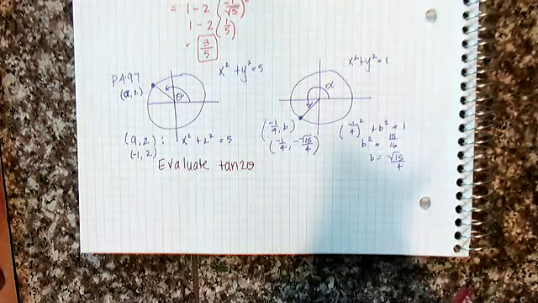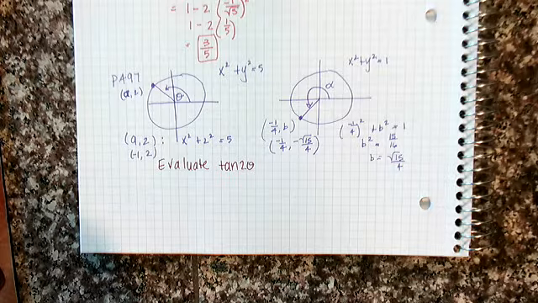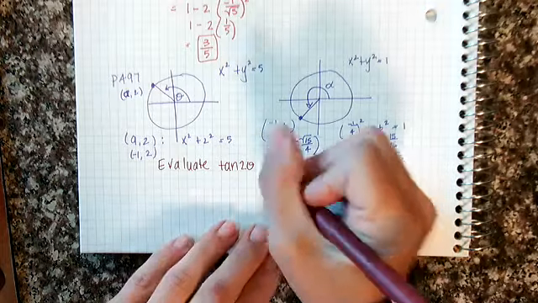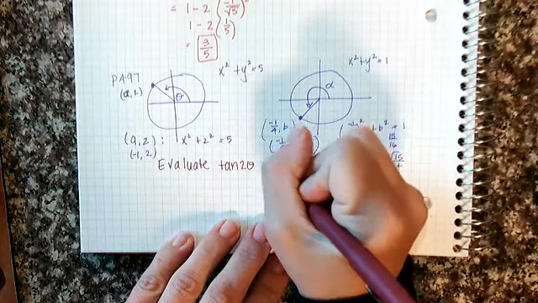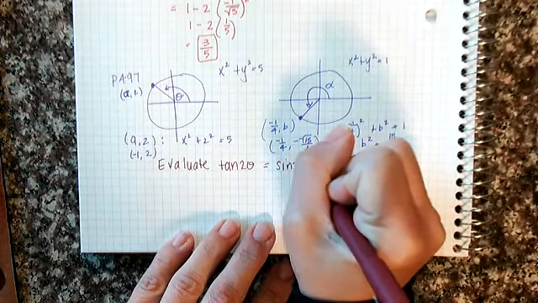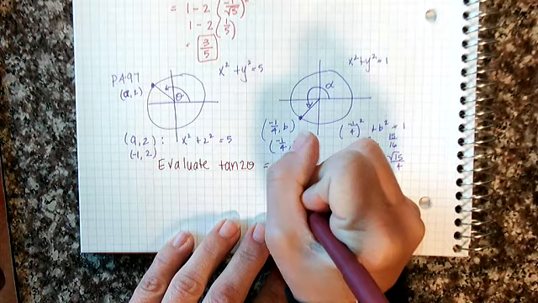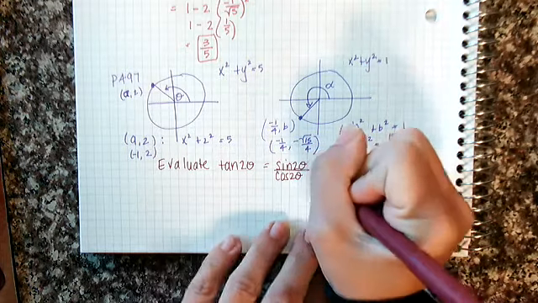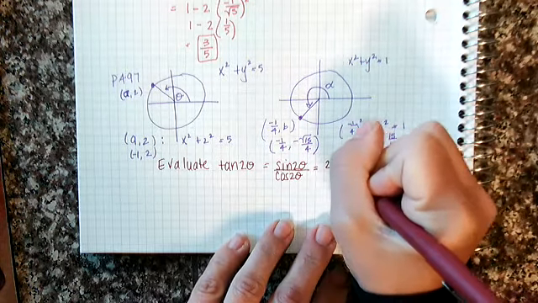Okay, well, when you evaluate the tangent of 2 theta, you'll notice that 2 theta is not on your identity sheet, but it sure is, because tangent is sine over cosine. So this is the sine of 2 theta, I hope I have enough room, over the cosine of 2 theta, which is 2 sine cosine.